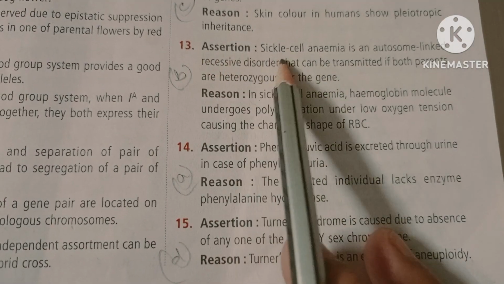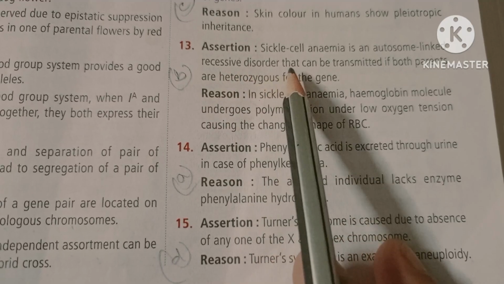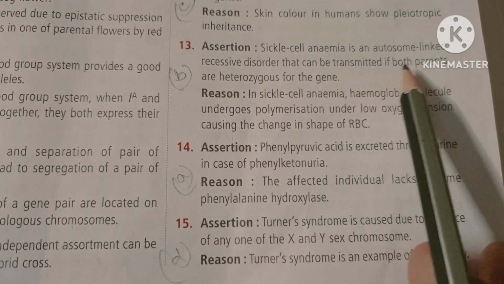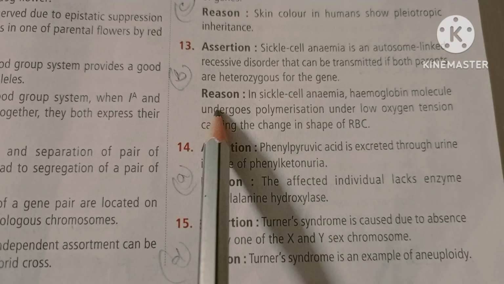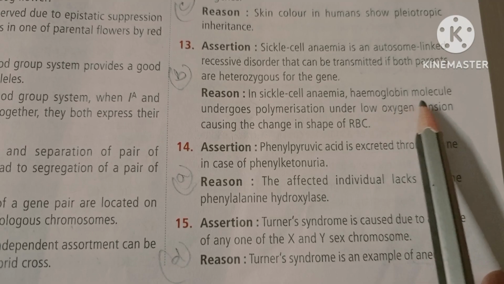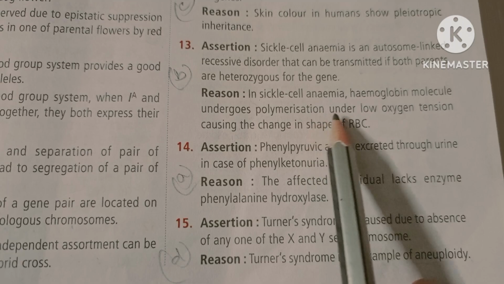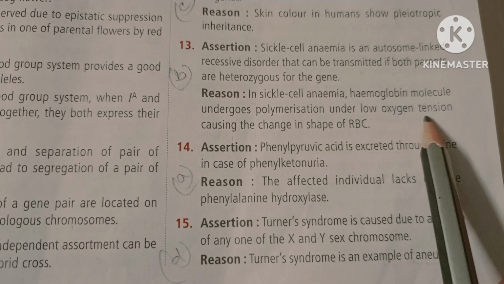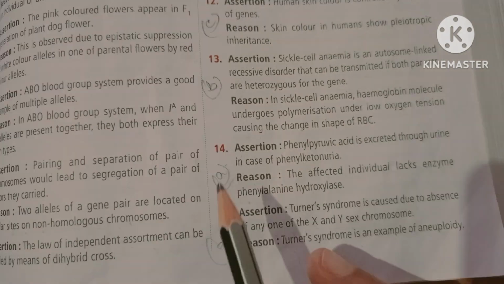Next, assertion: Sickle cell anemia is an autosome-linked recessive disorder that can be transmitted if both parents are heterozygous for the gene. Reason: In sickle cell anemia, hemoglobin molecule undergoes polymerization under low oxygen tension, causing the change in shape of RBC.